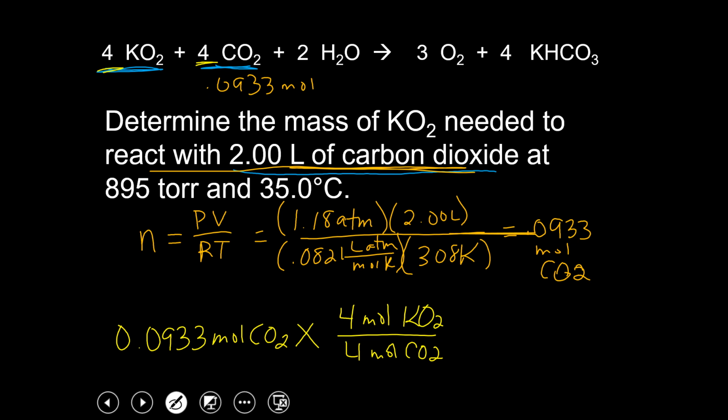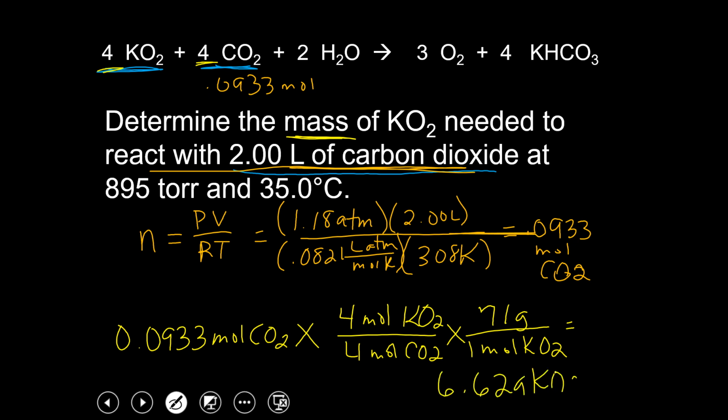Now, if this question said find the moles of KO2, I'd be done, but it says find the mass. So I do need another step. I add this up, 16 times 2 plus 39 for the potassium. That gave me 71 grams. So now I put this in my calculator, and I find that it is 6.62 grams of KO2. And that's my answer.